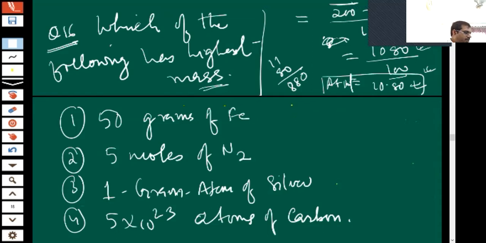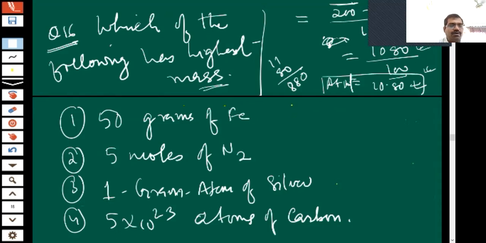So let me remind you, what is the molar weight of silver? You know what is the molar weight of silver? I think it is 108.